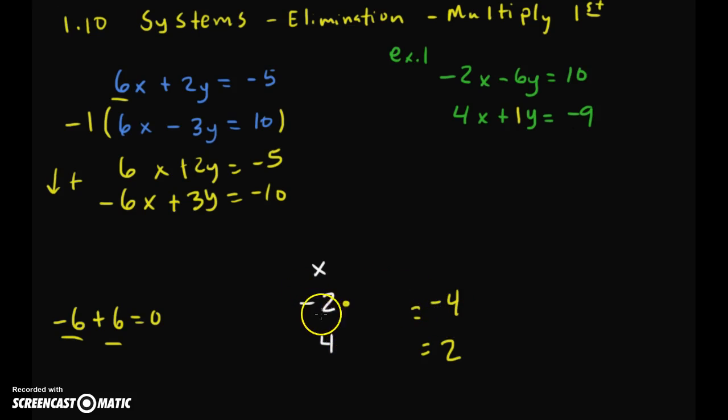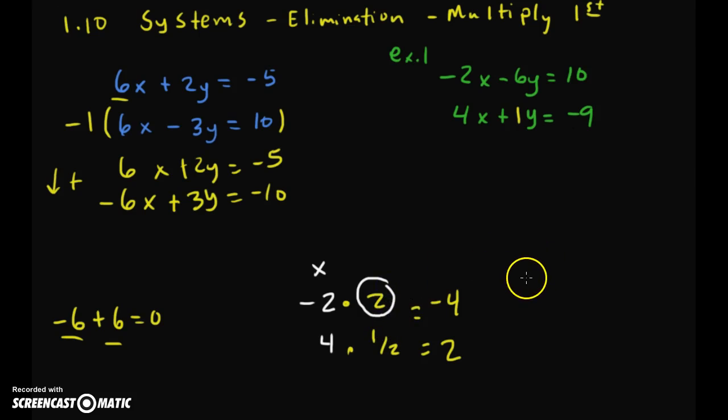A negative times a positive would be a negative, and 2 times 2 is 4. So if I multiply -2 by +2, the result is -4. I could multiply this top equation by +2 to create the opposite in the x. Or, what could I multiply 4 by to get a +2? That's more challenging, because you'd have to multiply 4 by 1/2. So far, the easiest number to multiply by is +2.